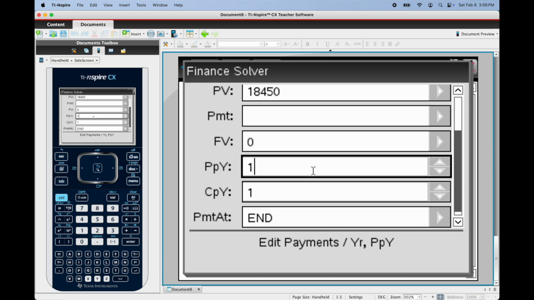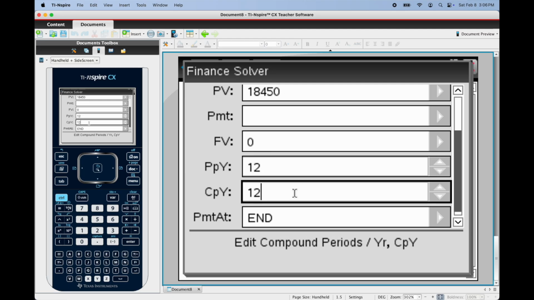Payments per year. She pays fixed monthly installments. That is to say, she pays at the end of every month. She pays 12 times a year. And CPY. CPY is the number of times the bank gives us interest, compounding periods per year. In this case, the bank compounds the interest that we need to pay 12 times a year. Payment is at the end.